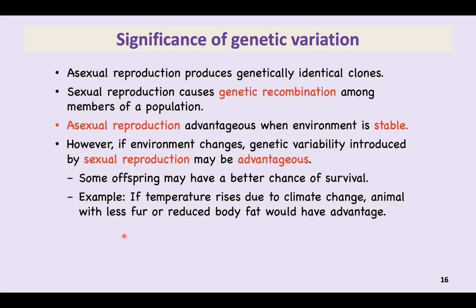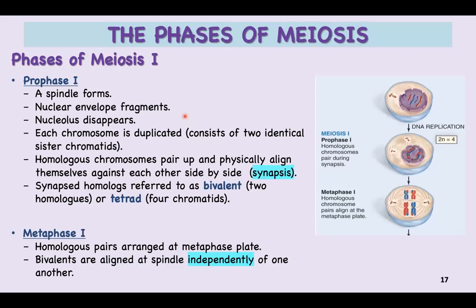Contohnya less fur, tiba-tiba boleh jadi fur lagi banyak, evolution kan? Less fur lagi banyak boleh jadi fur yang thick. Okay, so those are all genetic recombination that can happen during sexual reproduction. Asexual reproduction, you have to know it is directly clone. It's sama.